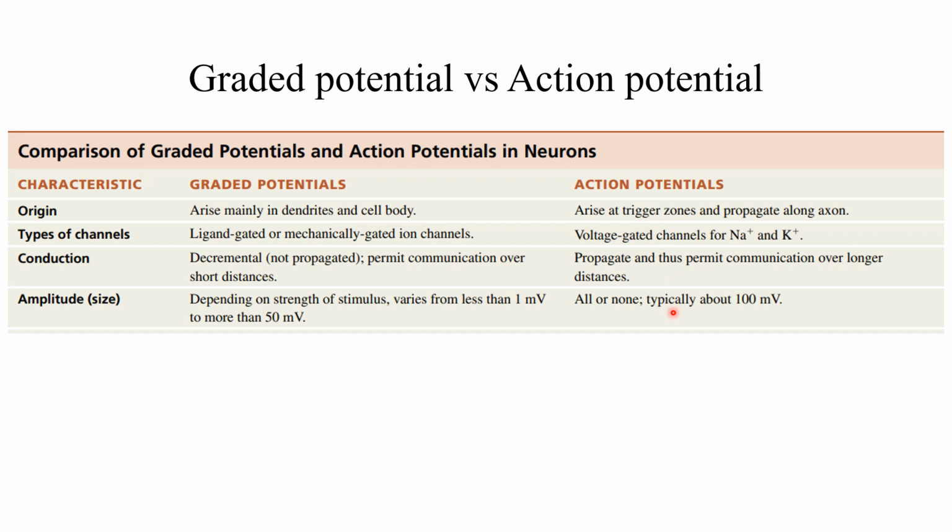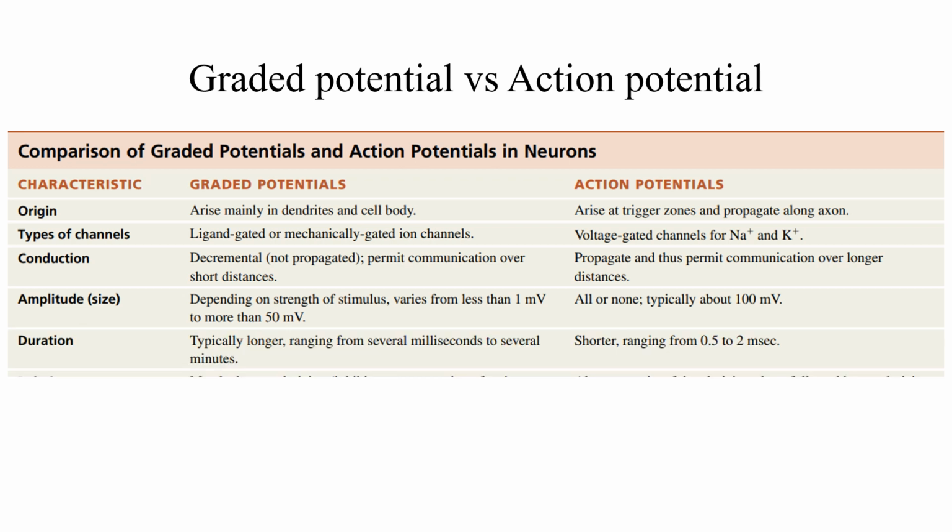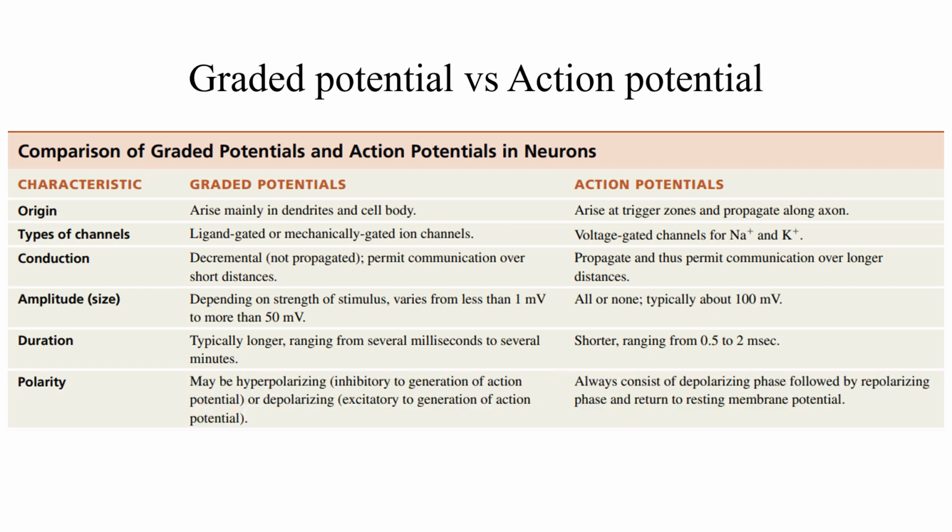A distinguishing feature of action potential, it follows the all-or-none principle, which means that it has the same amplitude regardless of the strength of a stimulus, unlike in graded potential, in which the strength of a stimulus, if it varies, then the amplitude will vary accordingly. In general, the duration of graded potential is longer than that of the action potential.